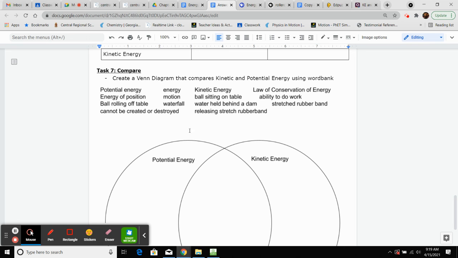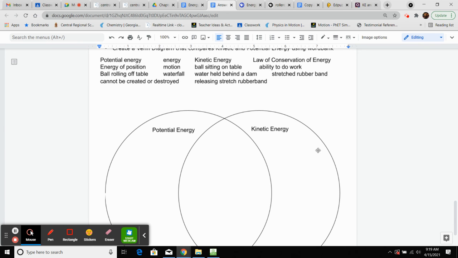And then the very bottom thing here, number 7, Venn diagram. These words here, besides potential and kinetic, because they're already in their own spots, you put in their own positions. Energy of position, that's potential. But a ball rolling off the table would be what? Kinetic. Right? A ball sitting on a table, because it's not moving, would be potential.